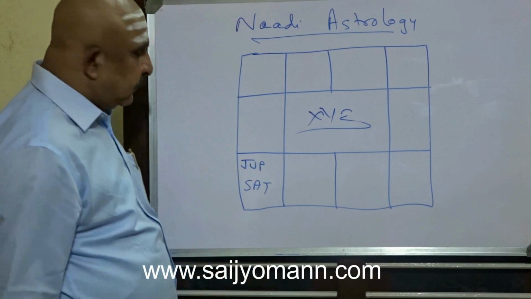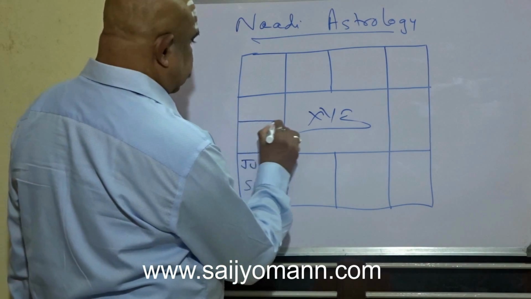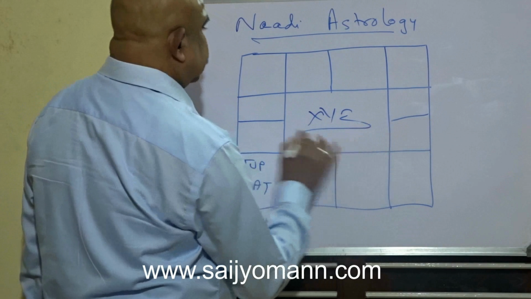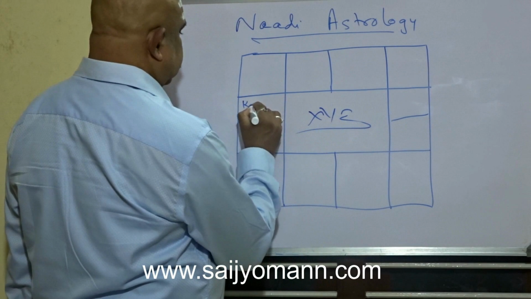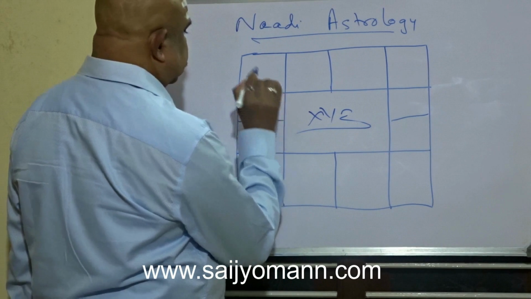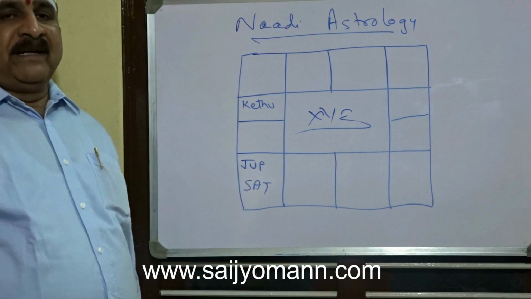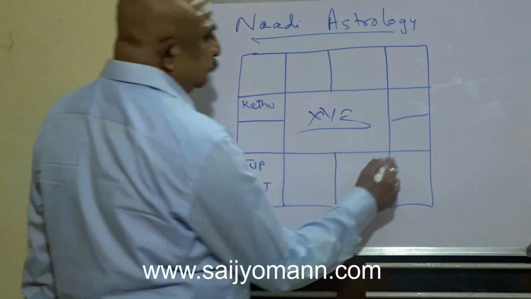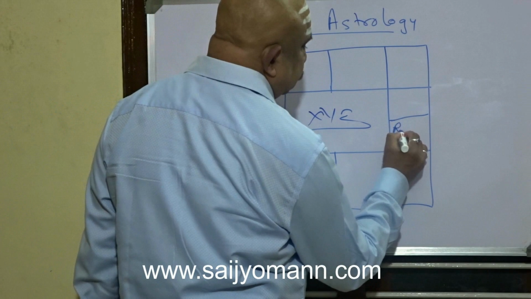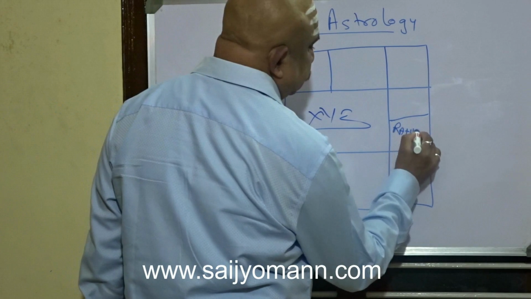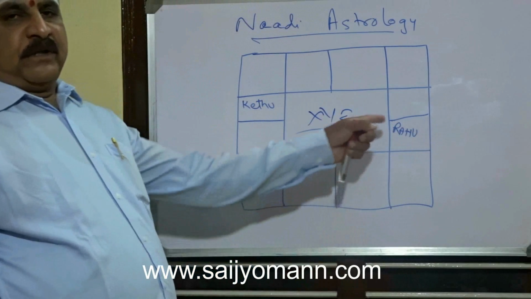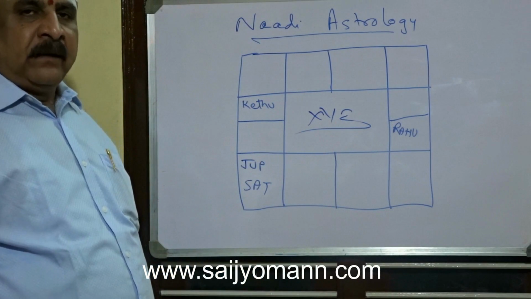This is Saturn. Ketu, moon's descending node. This is moon's ascending node.